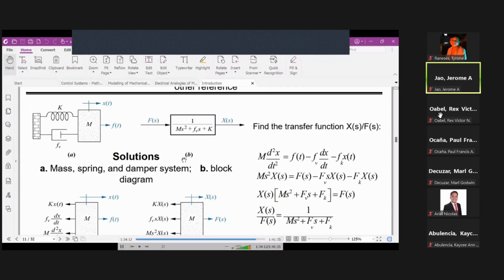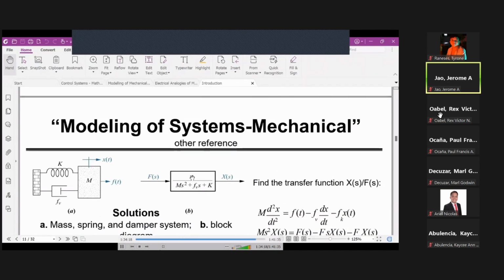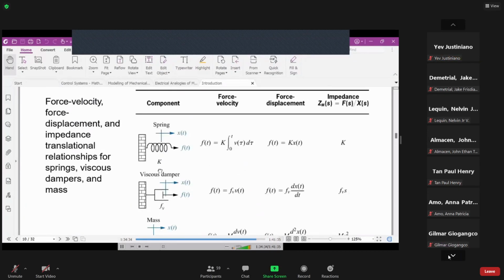Ano po yung input natin? Alin, sir, sa voltage or sa current? Hindi, dito po sa mechanical system natin. Anong input natin kanina? Force. The force or the external force applied. This one. Tama? Itong F of T. Opo, yes, sir. Ano yung output natin? Sabi natin, di ba yung output kanina is what? Displacement, di ba?